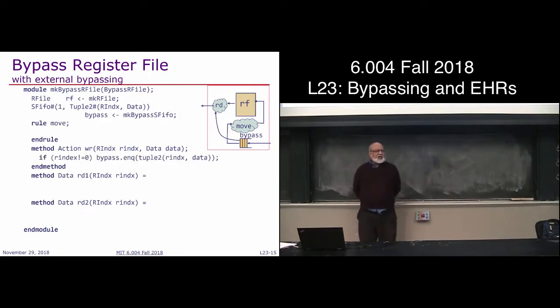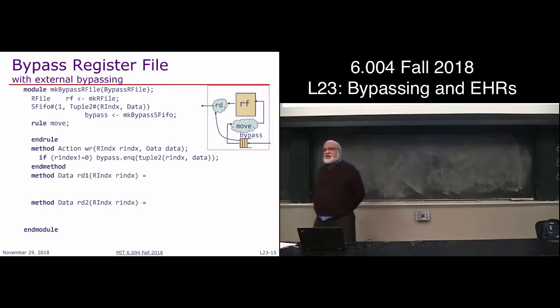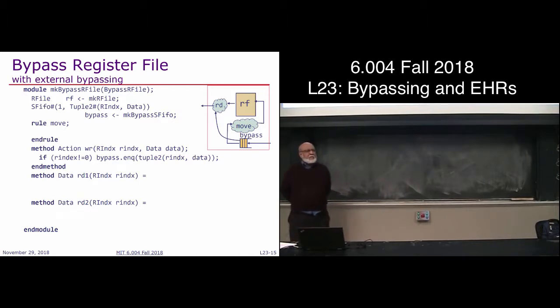I'm calling this FIFO bypass, because that's where I'm keeping all the bypass values. So I have now enqueued a value into the bypass FIFO. That's all register write does.